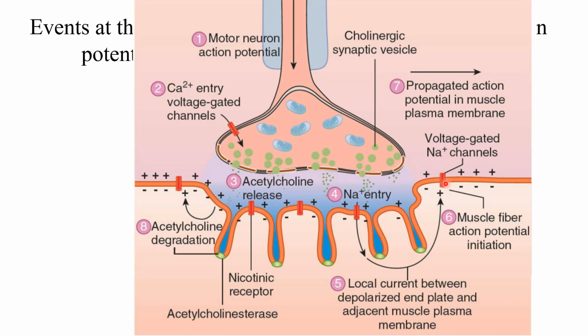When this opens at threshold, they will cause a muscle fiber action potential. So there is a local current between the depolarized end plate and the adjacent muscle plasma membrane. When they reach it, the voltage gated sodium channel opens, right? Muscle fiber action potential initiation.